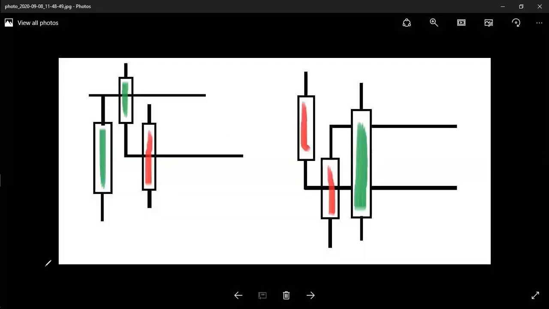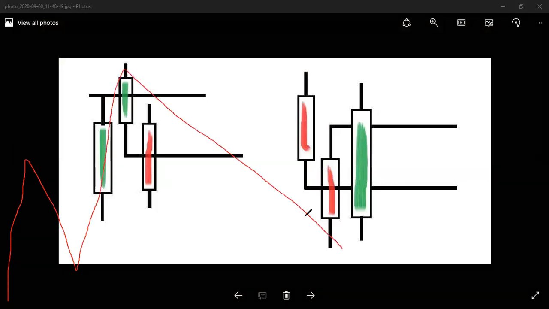Price will make a higher high, higher low, higher high, higher low. This is the higher high, 1, 2, 3, and the middle candle is always above the other two candles. A higher low, again 1, 2, 3, the middle candle is below the other two candles.